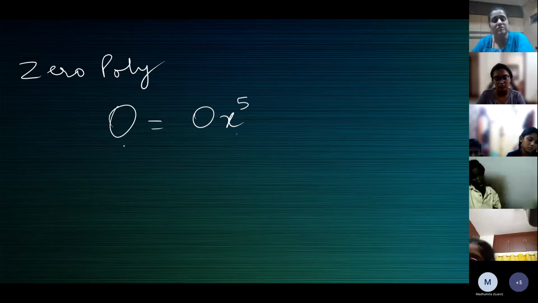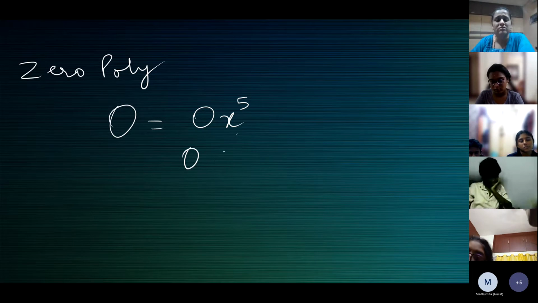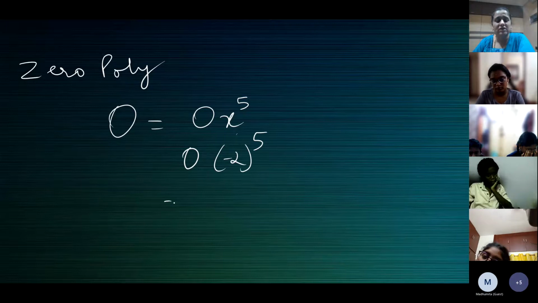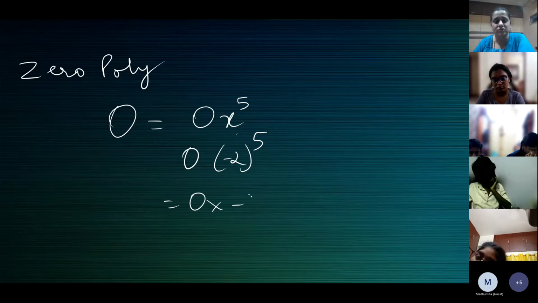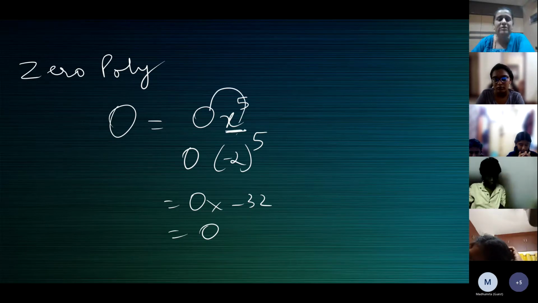So a 0 polynomial. Since you can write 0 as 0x to the power 5, whatever value you give for x. Supposing you give minus 2, to the power 5, that's going to be 0 into minus 32, which is 0. Whatever value you give for x, ultimately it's going to be multiplied by 0.